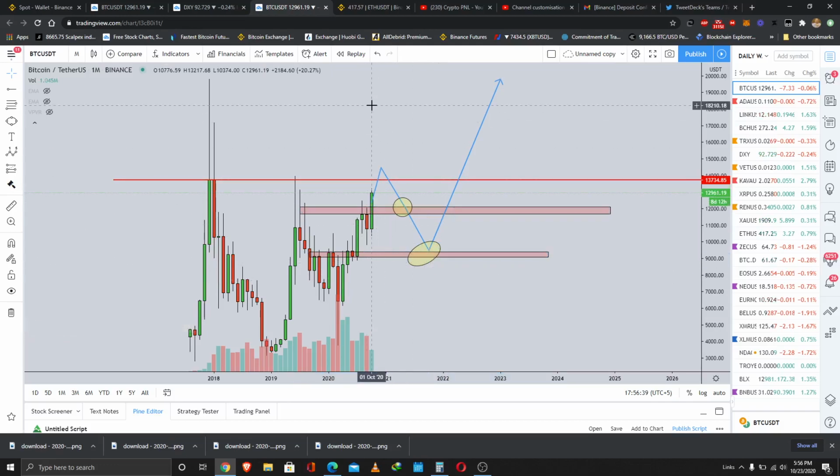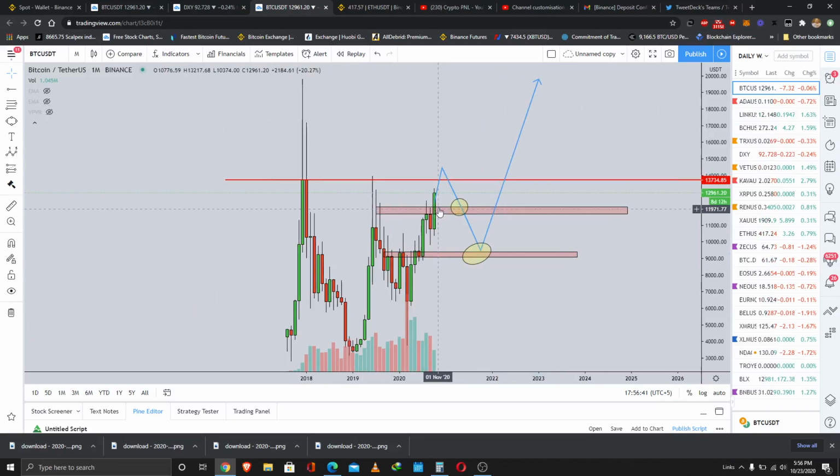If it goes parabolic, which I think is highly unlikely, but if this is the third impulse, it can go past this resistance. But if it is impulsive, then it will come back here. As you could see, it was here last time, tested this area, so we can see some retest here. So 12,200 to 11,100 is the area where we are interested.